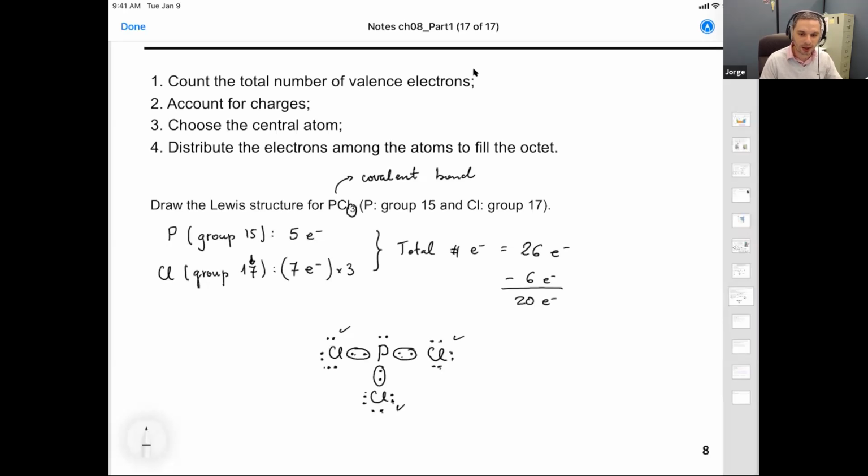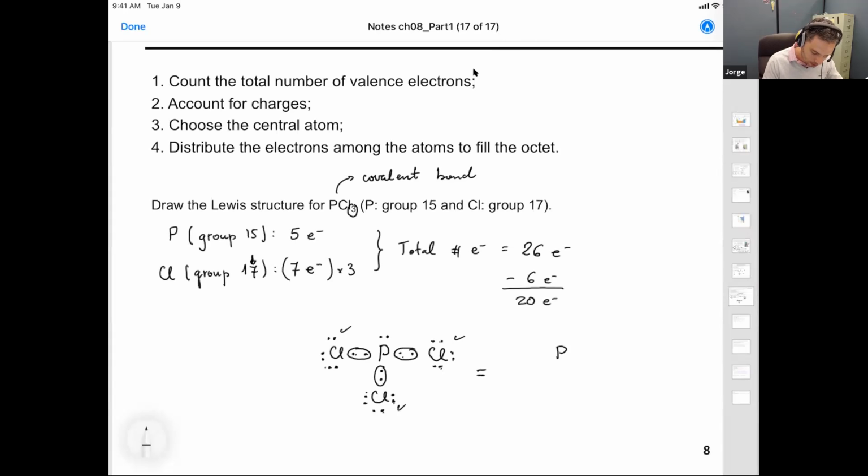Therefore, everybody is stable. Another way to draw this structure, a more elegant way, is to represent the pair of electrons that's been shared by solid traces. And then in this case, we have pairs of electrons that are not being shared. So we represent them here as well.